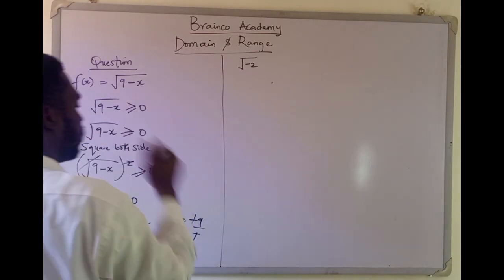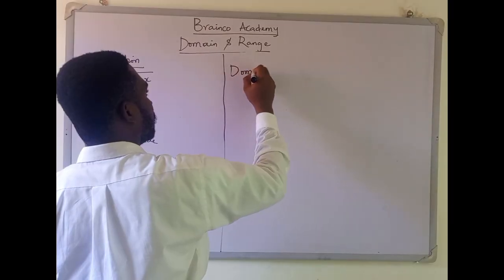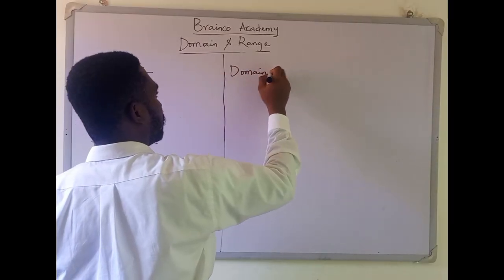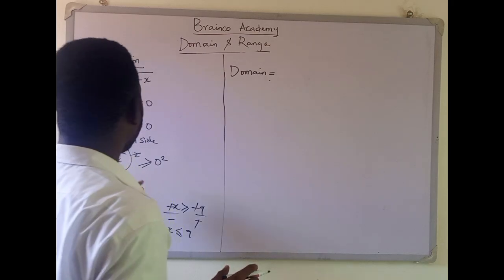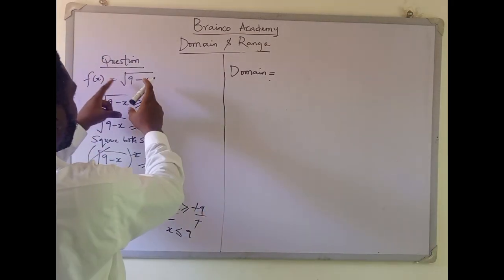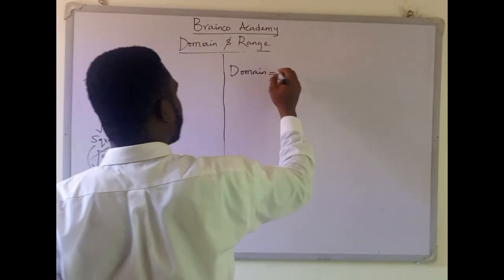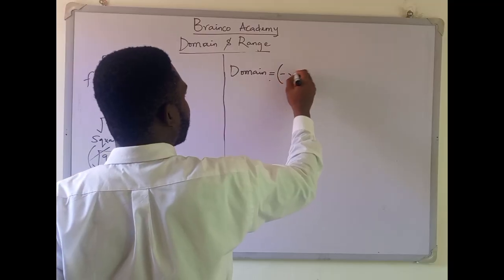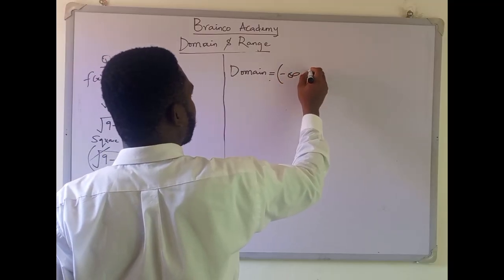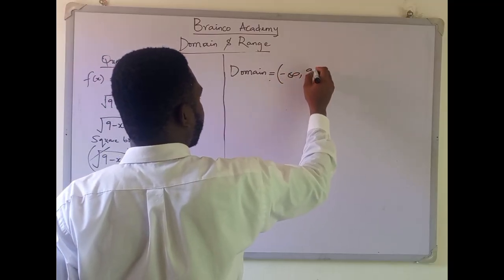So now, what is the domain? Remember, the domain is all input values that can make this function defined. So our input values are from negative infinity to 9.